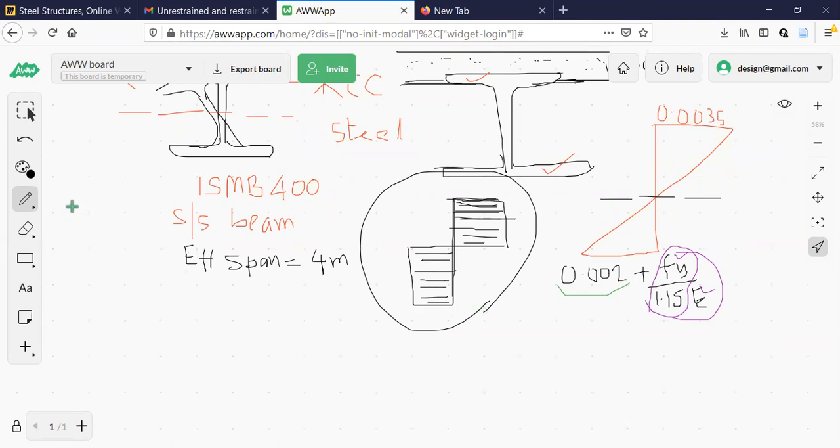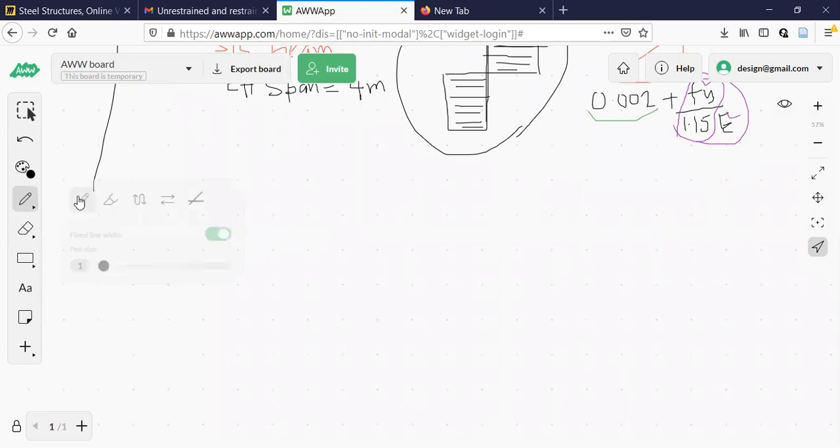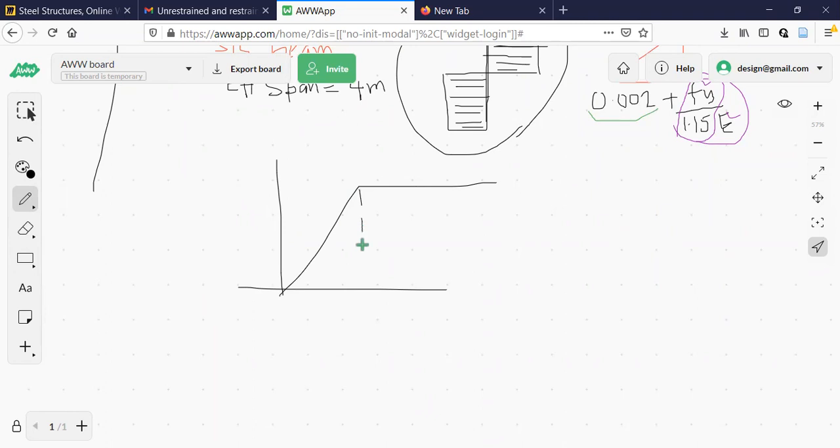If you see this diagram here, that is the idealized stress strain diagram of steel. You can see this is the elastic range.